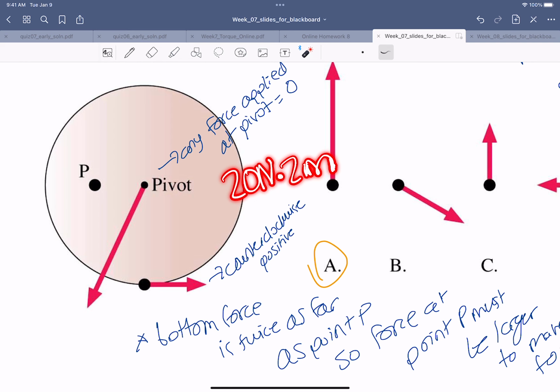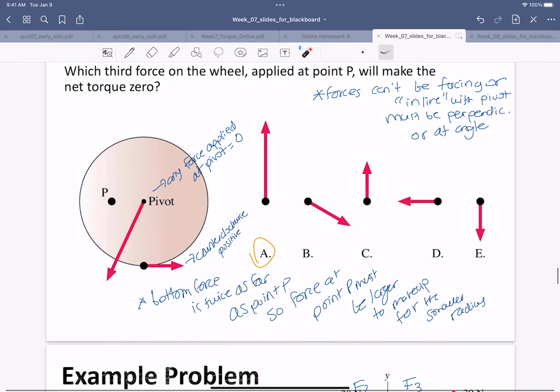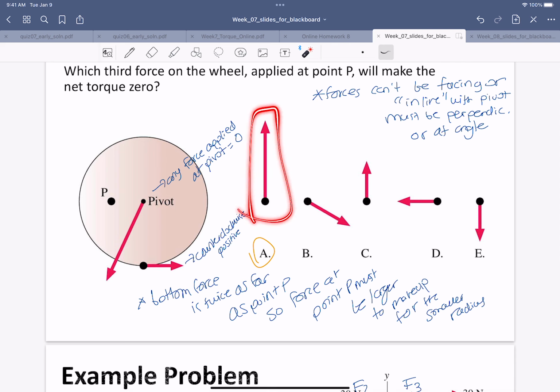That's in the negative direction, which is clockwise. So you can see it would have to be A, because it's almost double, if not more, the size of this force right here.